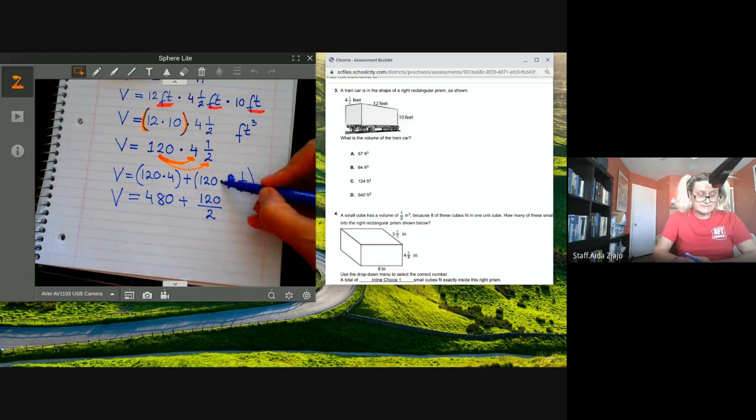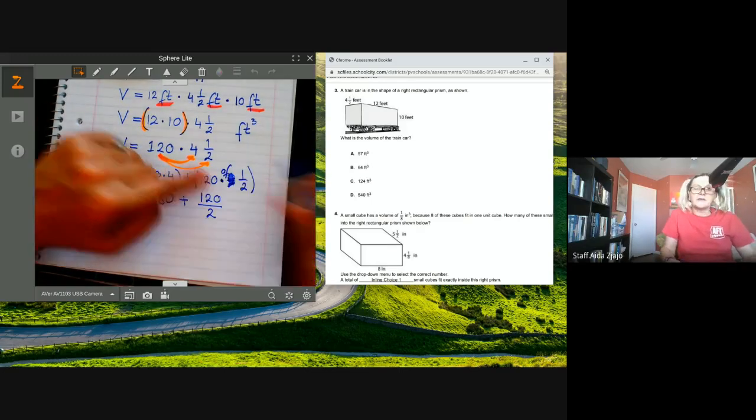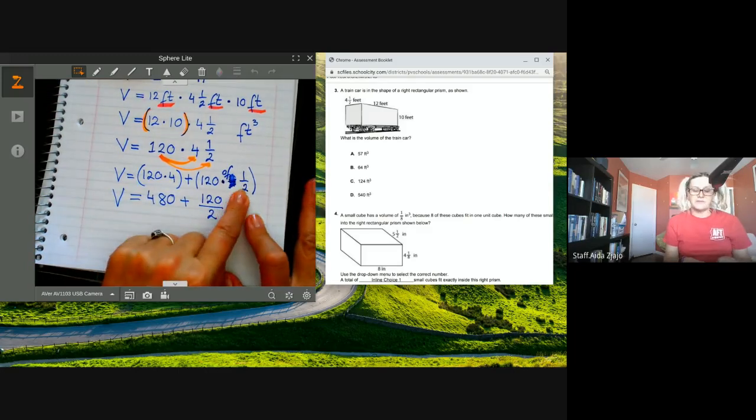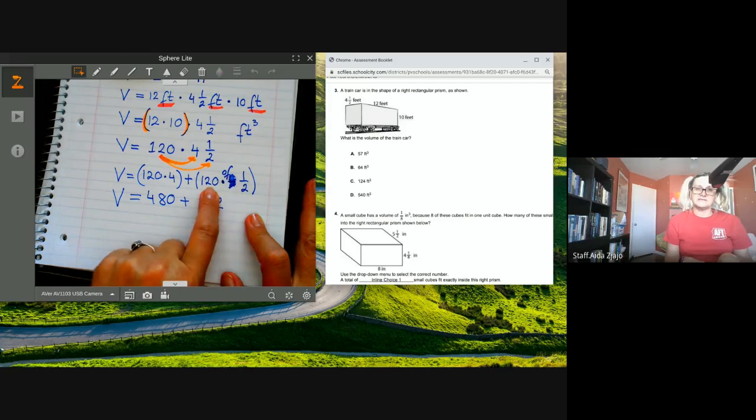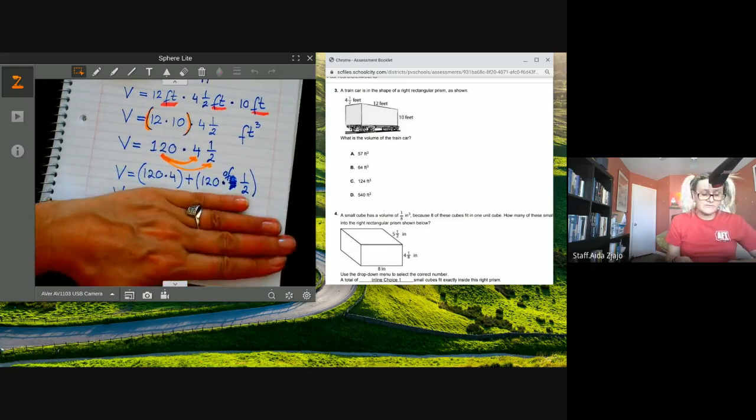Multiplication can be read as "of." So I can think this is a fraction, half of 120. So there is another way to think. Remember, when you have 120 times half, you can think of multiplication as saying "of." So you can say one half of 120.